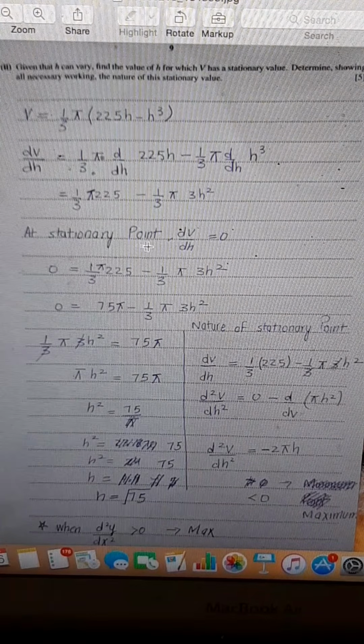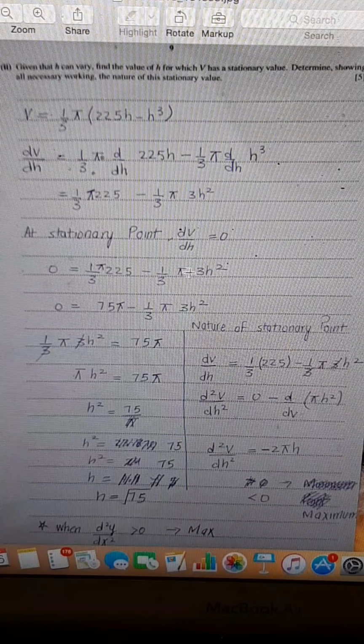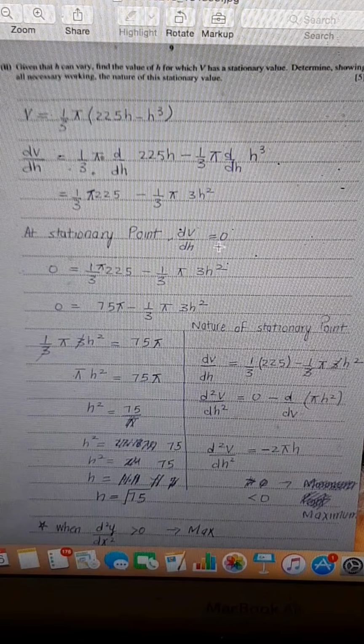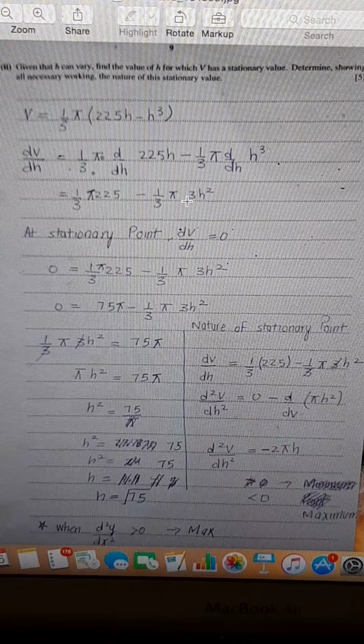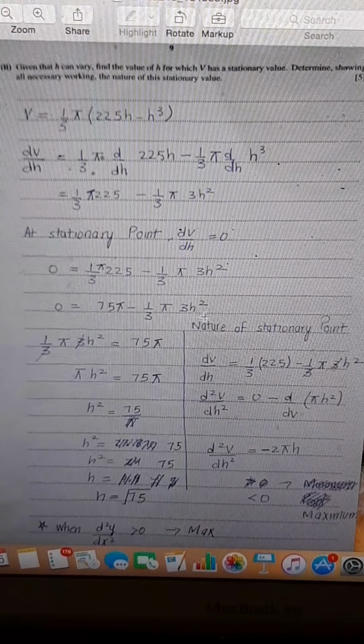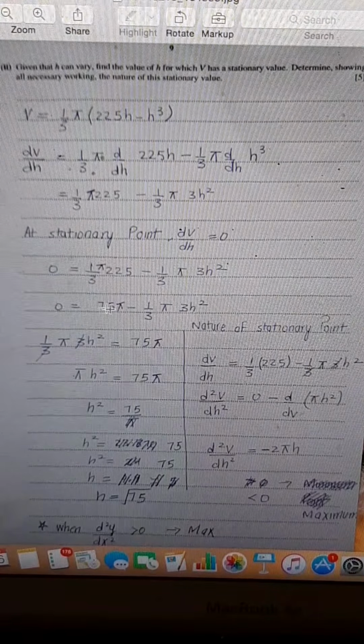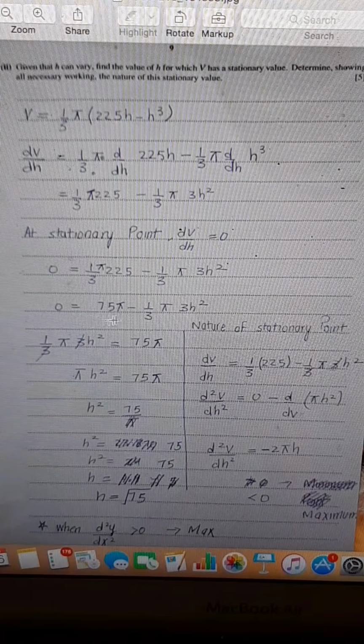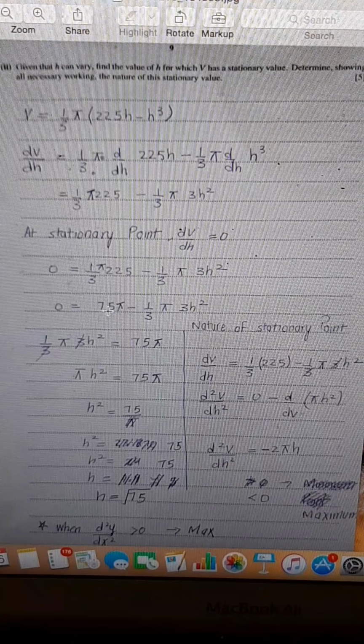At a stationary point, the value of the gradient is 0. So equate the equation of the derivative equal to 0. From here you can simplify this equation and find the value of h. Now 225 divided by 3 will give you 75.